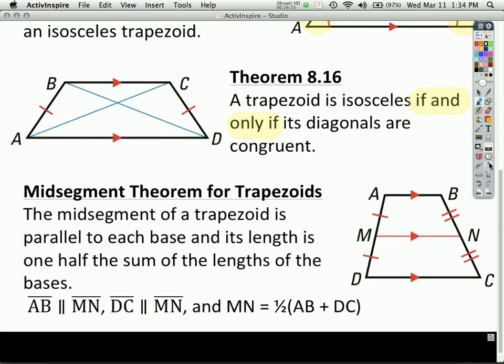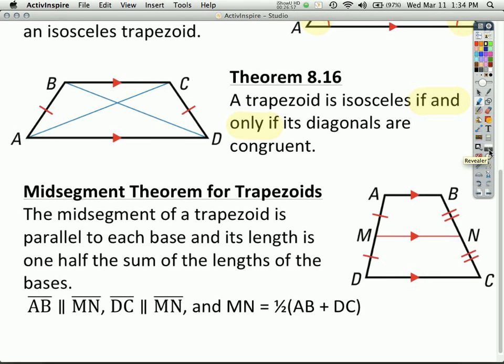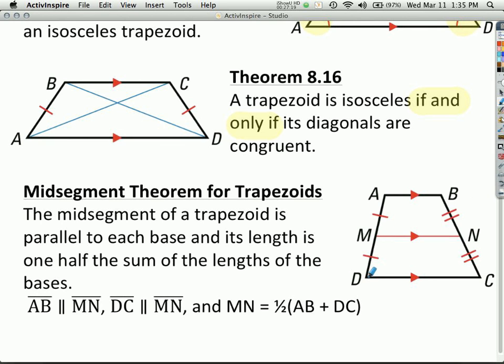So, mid-segment. We explored mid-segment of triangles. There is mid-segment of trapezoids. They are very similar. And so that's a good news, bad news thing. The good news, similar, almost exactly the same idea. The bad news is you have to be able to distinguish between the two. So mid-segment, if this is the midpoint of that leg and that's the midpoint of that leg, the mid-segment divides both legs into congruent segments.